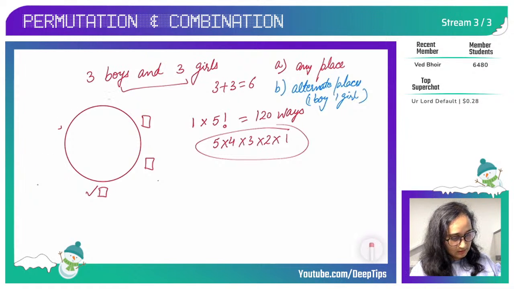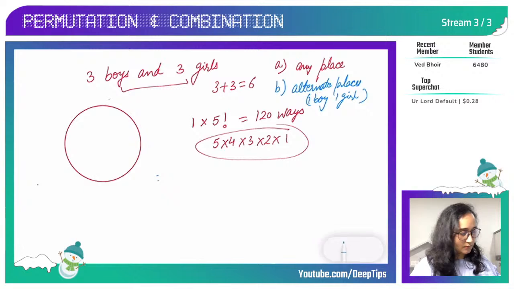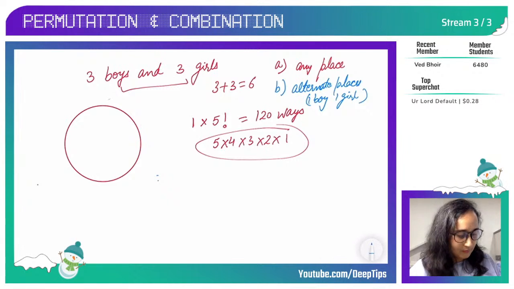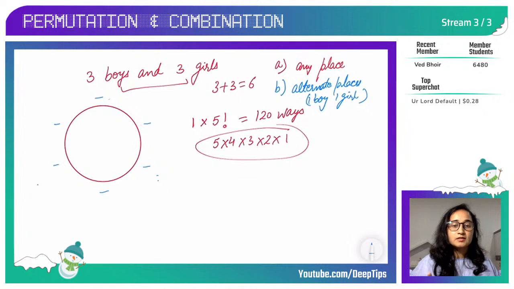I'll be using this circle again. Now again I will mark 6 places: 1, 2, 3, 4, 5, 6. But now I want my boys and girls arranged like how in class sometimes the teacher makes the arrangement, 1 boy and 1 girl should sit like this.